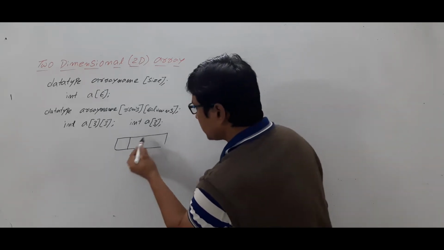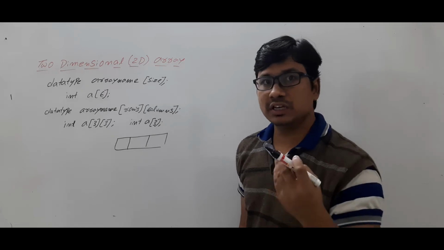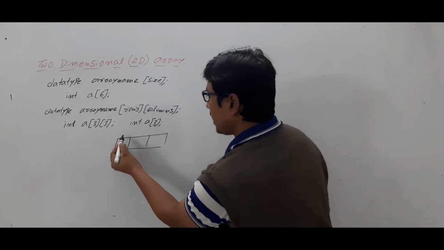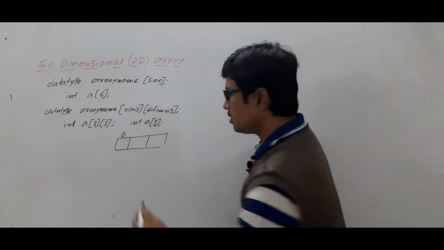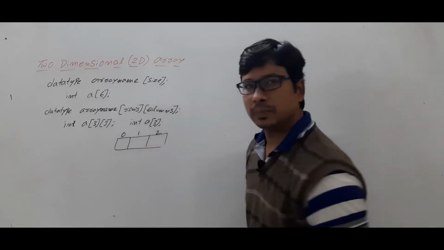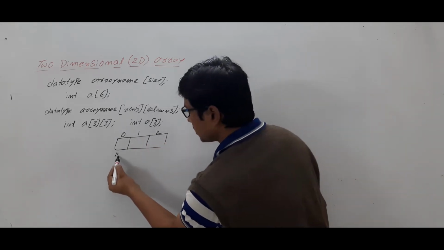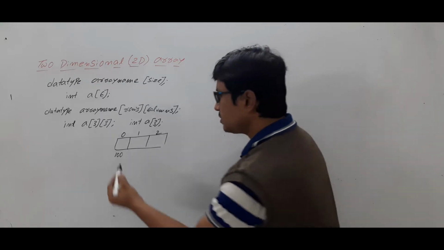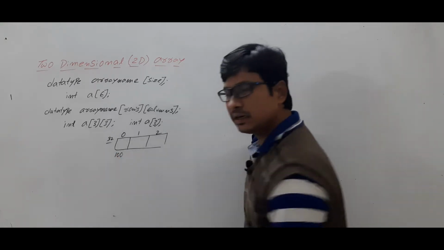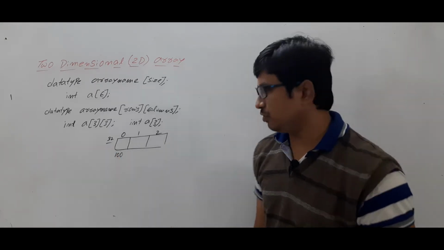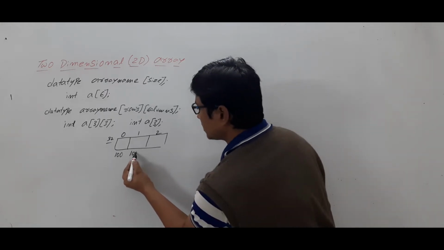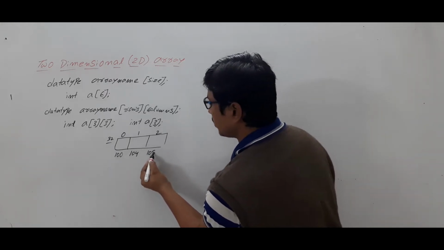In these memory locations, you can store 3 integer constants. The array index will be 0, 1 and 2. If this address location is 100 and you are using a 32-bit compiler, one integer will occupy 4 bytes. So this address will be 104 and this address will be 108.